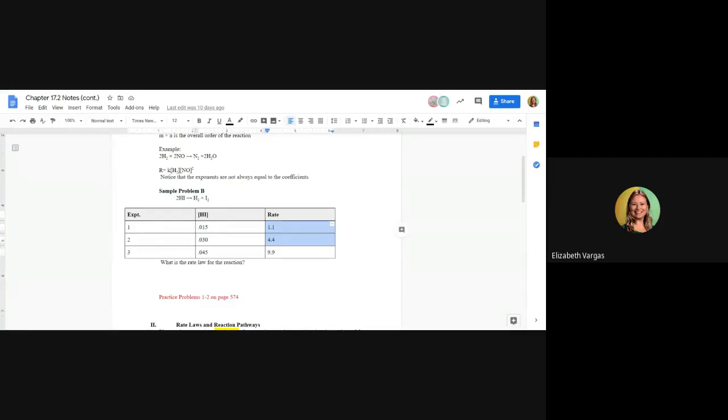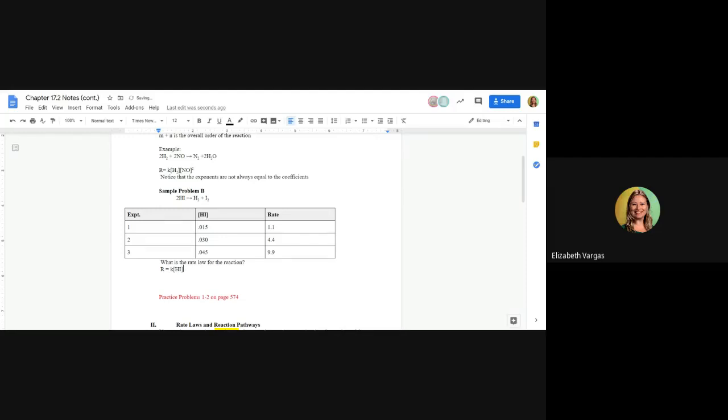So we are going to compare the rate here to the rate here and know that we're looking for some exponent on this HI. Let me see if I can write this out. It always starts the same. We always have R equals lowercase k, and that's just a constant that we don't care about too much right now, the rate constant. And then brackets, the reactant is HI.